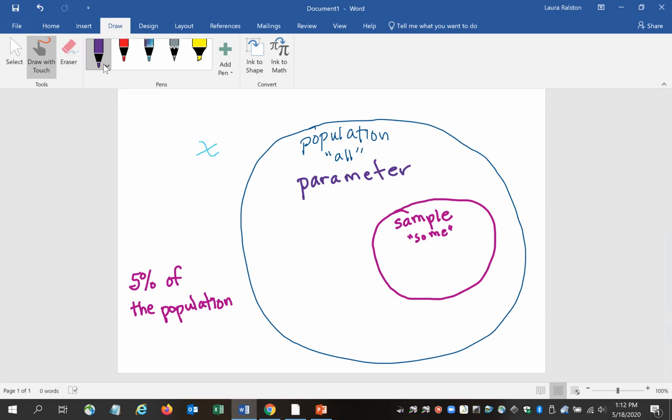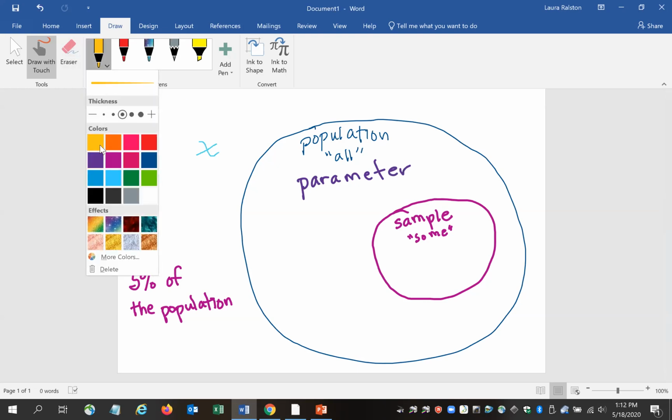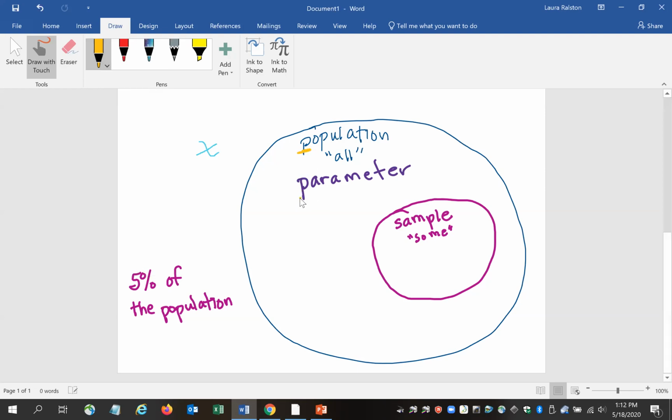And I want you to notice that both population and parameter start with the letter P. And that's one way that you can remember it, that a population parameter, the P and the P go together. And sometimes they'll even emphasize it. They'll use the word population as an adjective and refer to it as a population parameter.